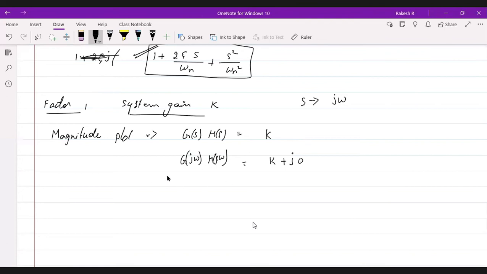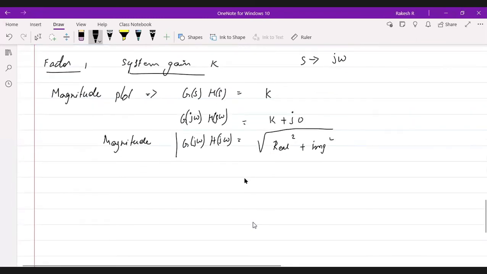For magnitude, you need to take g of j omega into h of j omega as the square root of real part square plus imaginary part square, right?